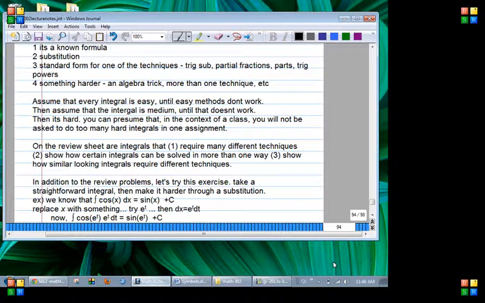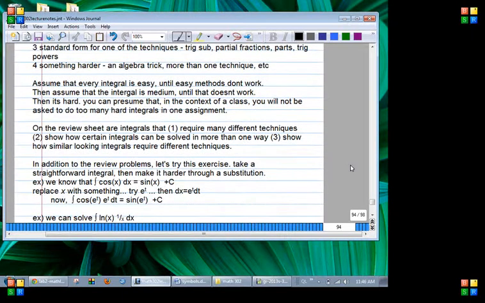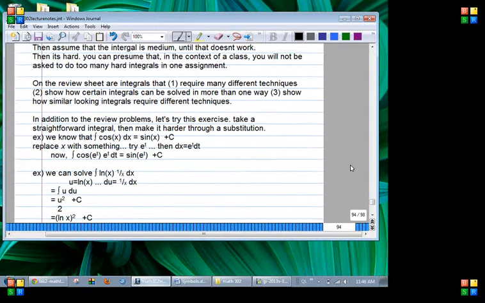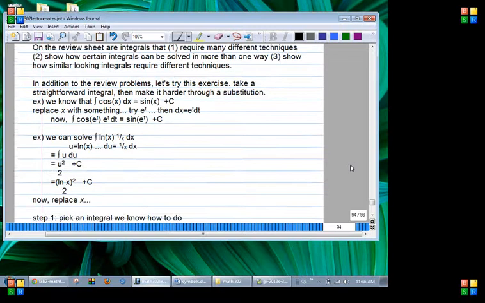This is how an instructor, for example, makes up hard problems. You start with something that you know and just make it look fancier, for example, through a substitution. This is a great, great exercise to do. And I've got another example here.